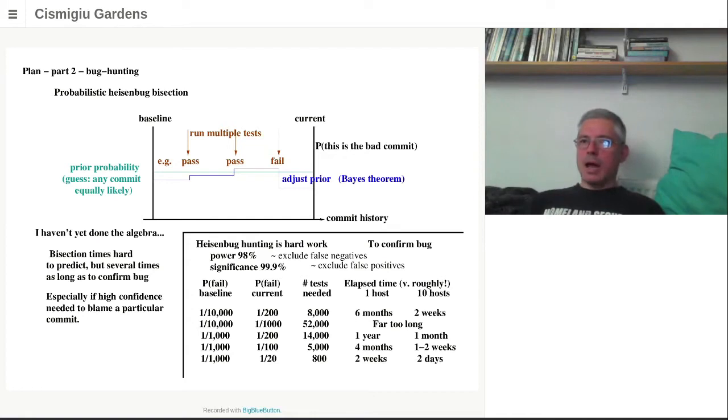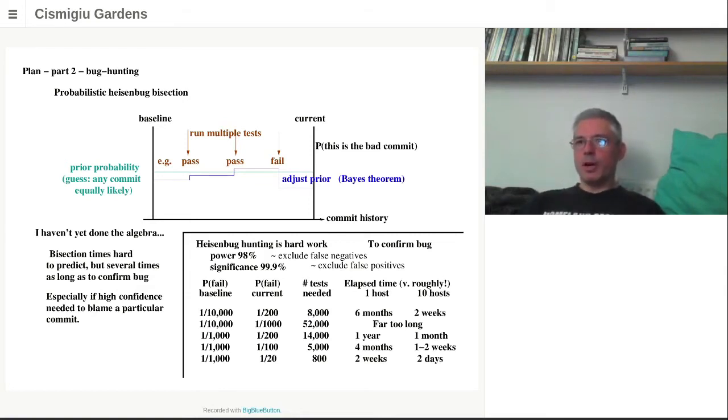As I say, there's some algebra to be done here to understand exactly how probabilistic bisection has to work. We wouldn't want to do this for all trees. In particular, the Linux tree doesn't bisect very well because it has a lot of merges in, and that means that the history graph is so complicated that the bisector has a tendency to blame merge commits, and that doesn't really tell you anything interesting.